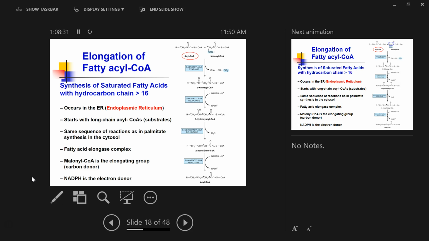You have 2 reduction reactions and condensation, the same reactions described in the fatty acid synthesis cycles, and malonyl-CoA is also the carbon donor for elongation reactions, and NADPH is also the electron donor, right? So it's similar, but just the substrate is different. It's the long chain acyl-CoA, not acetyl-CoA or malonyl-CoA.